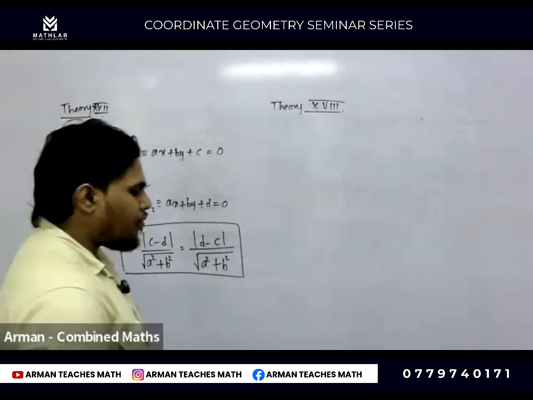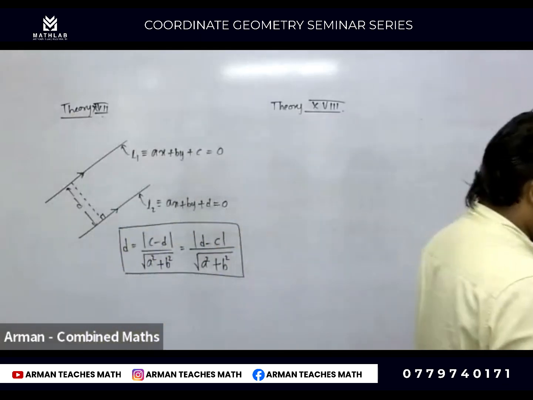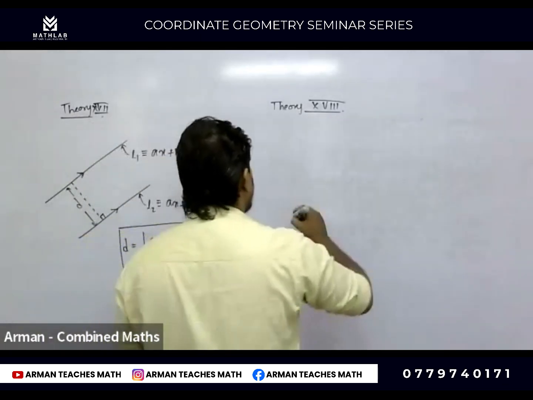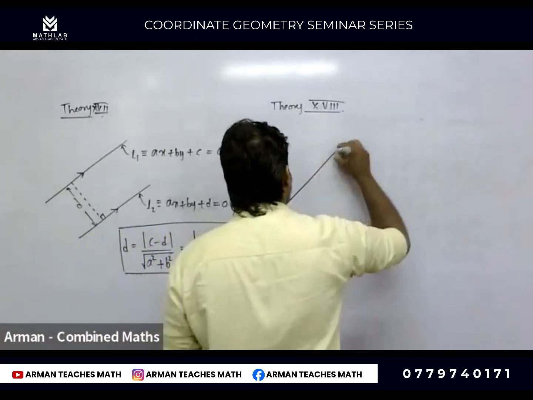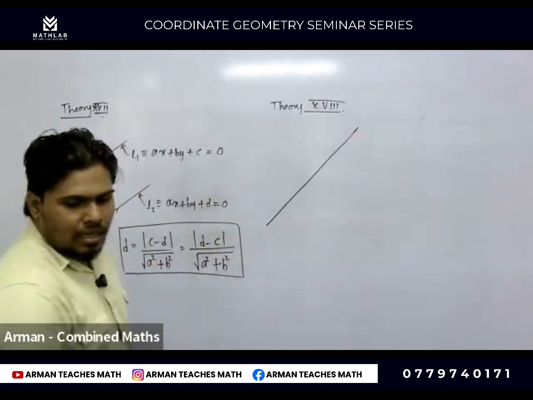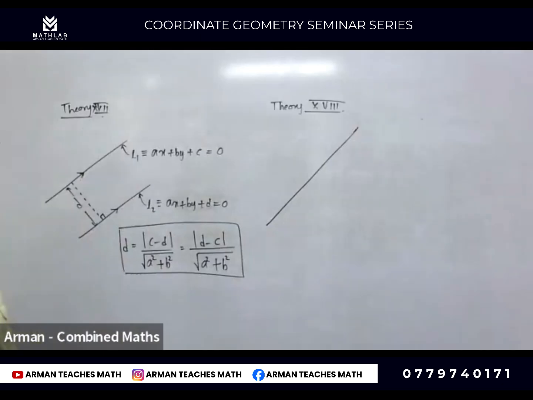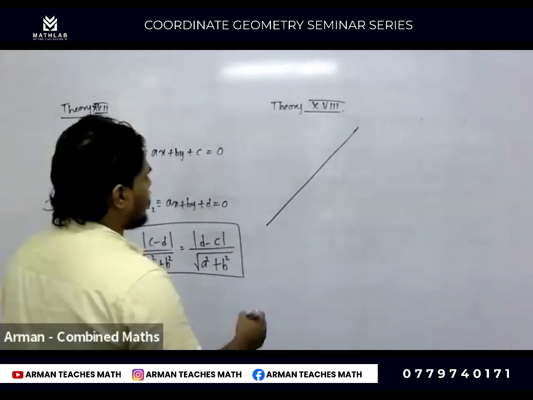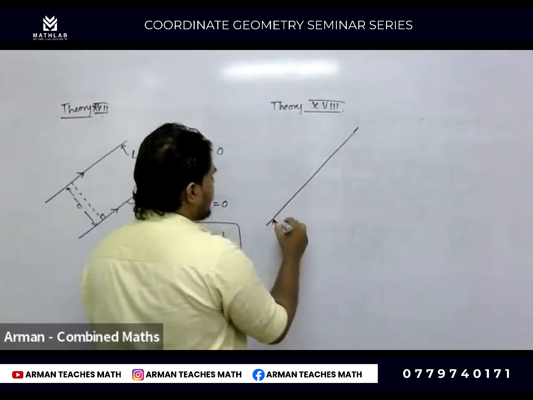The reflection of a point on a straight line segment. So I'll take an example. We have a straight line segment like this, and we will give a name for this straight line segment: 4x plus 3y plus 7 equals 0.